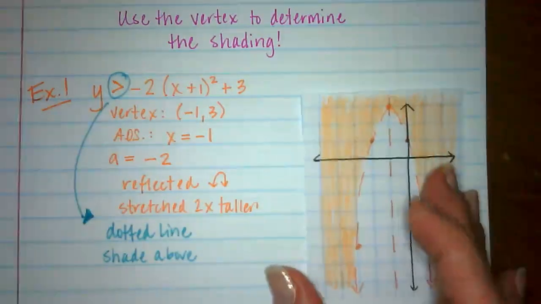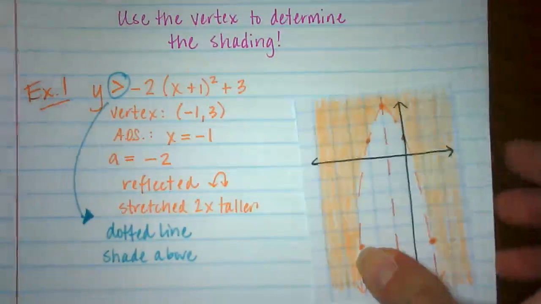So we made a dotted line for the parabola, and then shading above the parabola is basically everything outside of it. All right, let's do one more example I think we can fit in here time-wise. So on this one, let's do a blue. All right, example 2.